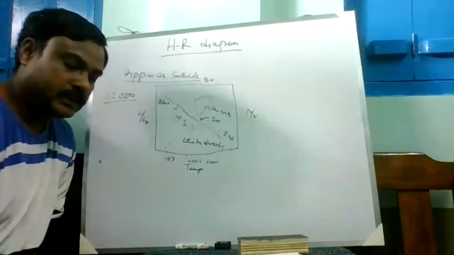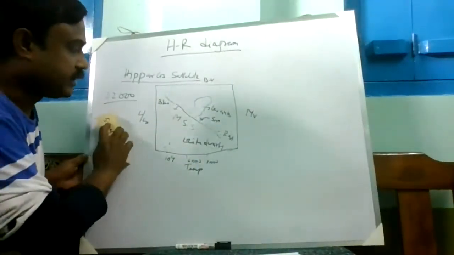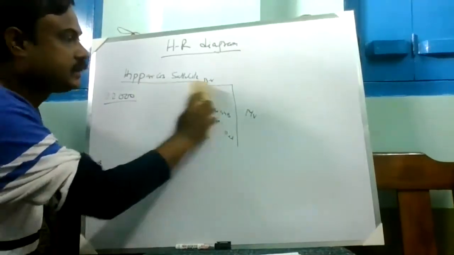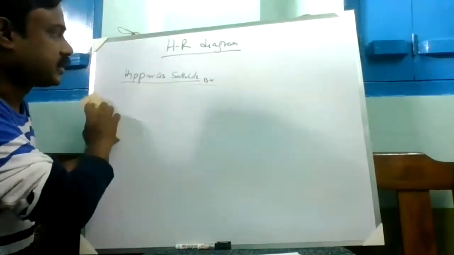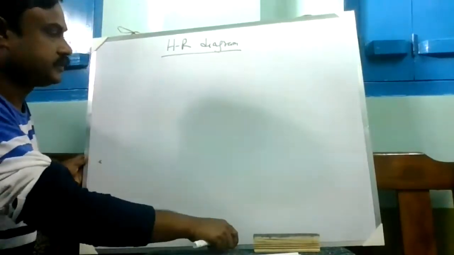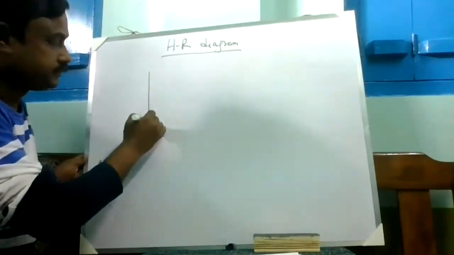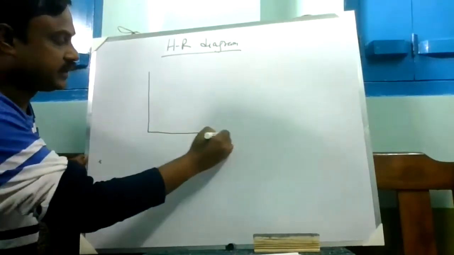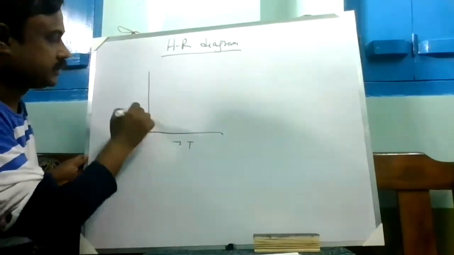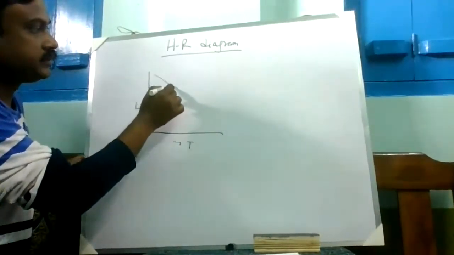So based on this, if we draw an HR diagram and indicate mass and lifetime of the stars, then it will appear something like this. Say this is the HR diagram, plotted T and L. So this is the main sequence.